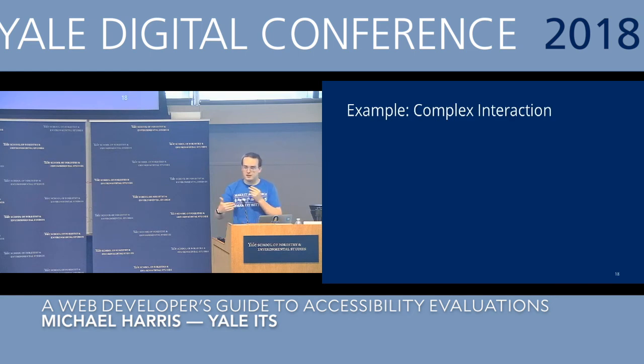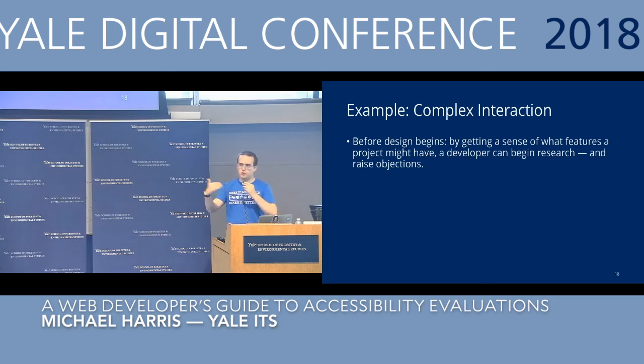Let's say that I am a developer and my visual designer, so I'm a developer, and these are the ways that I can intervene. Before design begins, if I'm a developer included on a project, I can begin expressing concerns about the client's wish list from the initial conversation. I don't have to wait until design is done and they say, okay, build it.